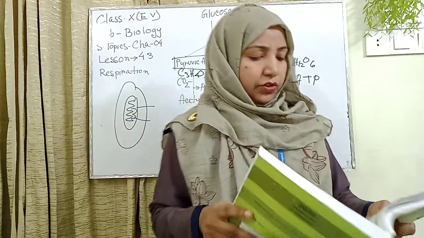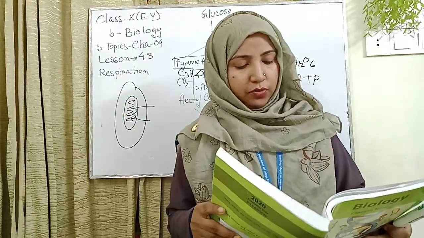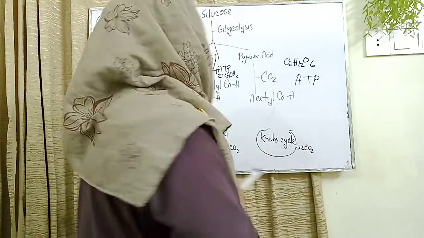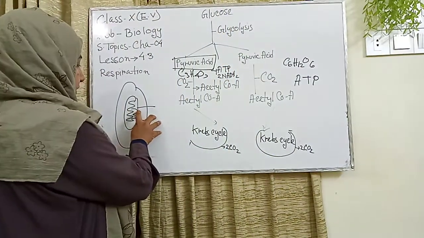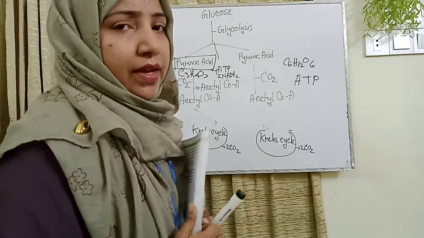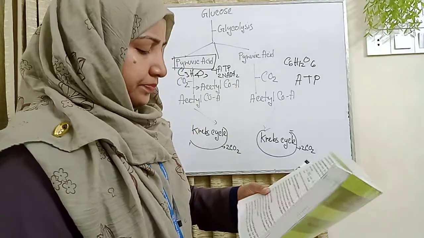Another stage is acetyl-CoA formation. This stage takes place at the outer space of the mitochondria.